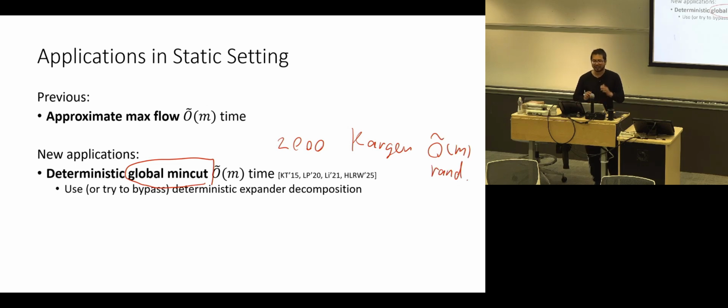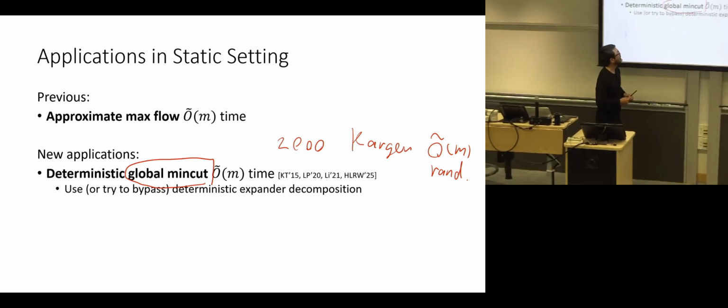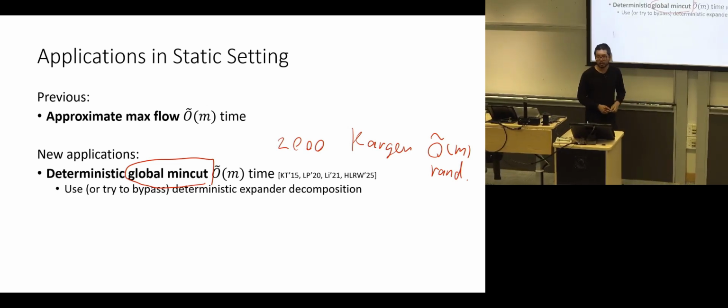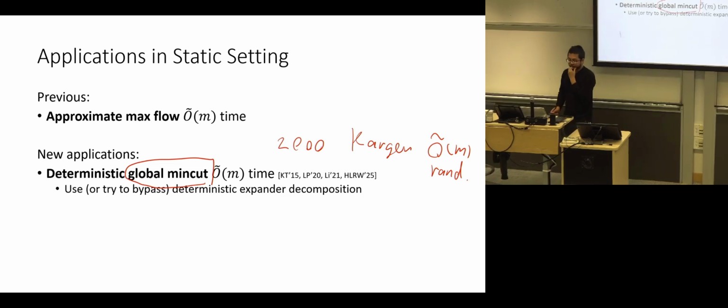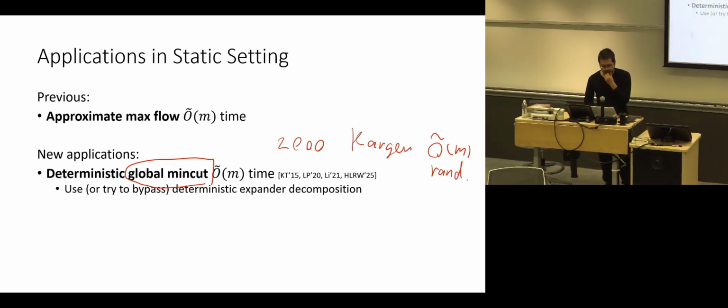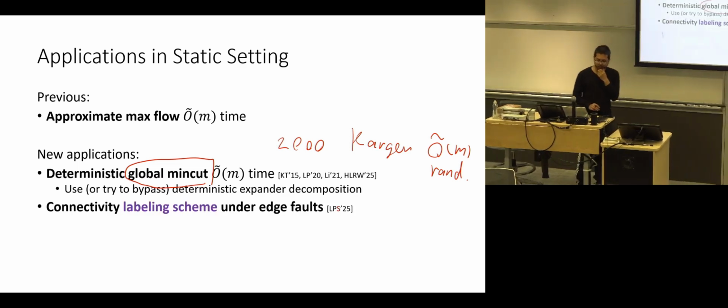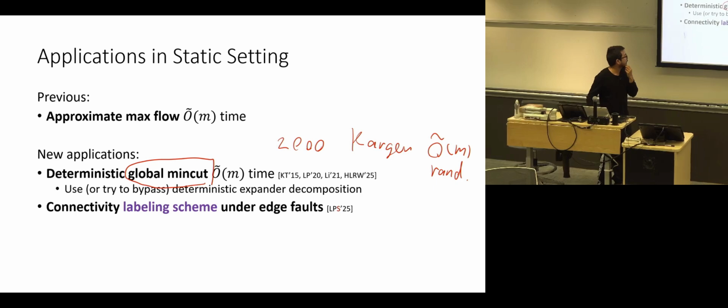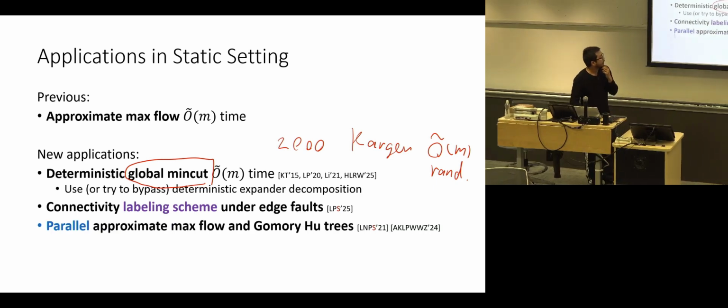His algorithm is really randomized, and it's hard to imagine how to make it deterministic. It's actually by using something like expander decomposition that they managed to make it deterministic. So that's one cool thing. And there are other things like connectivity, labeling scheme, and parallel algorithms, which I will not talk about.